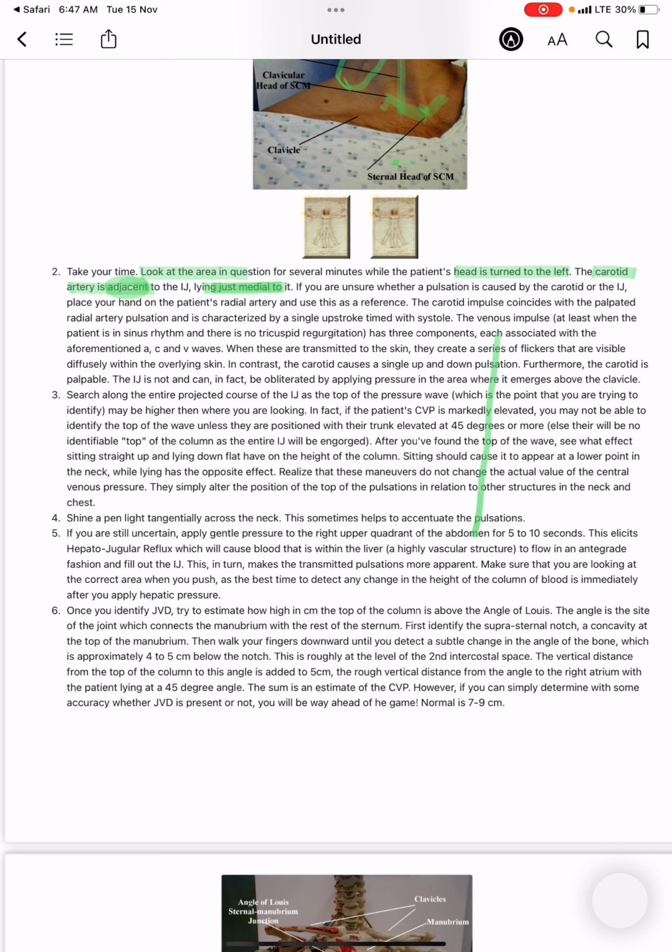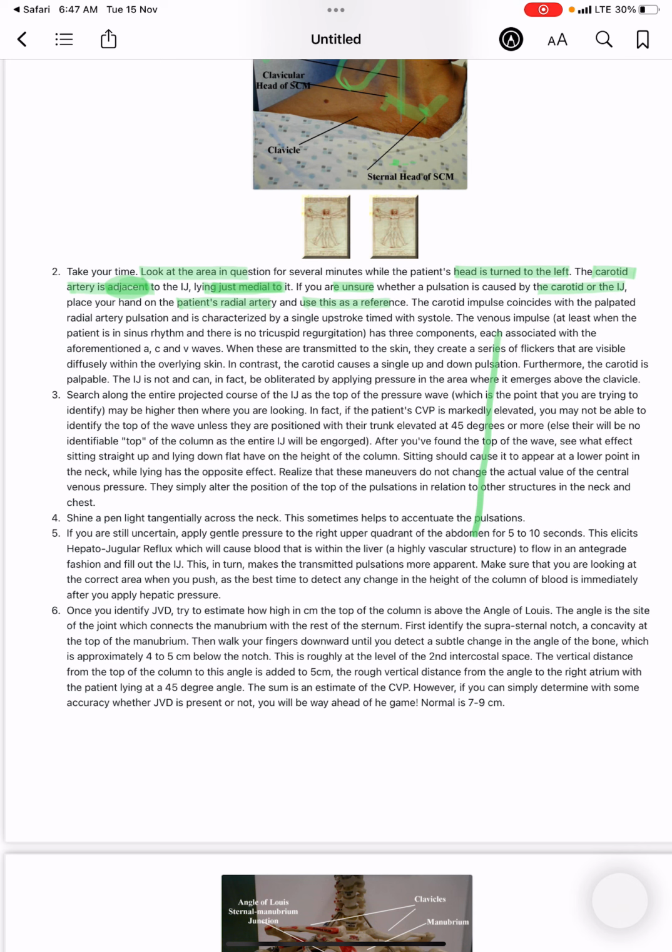If you are unsure whether a pulsation is caused by the carotid or the internal jugular vein, place your hand on the patient's radial artery and use this as a reference, and compare the pulsations.